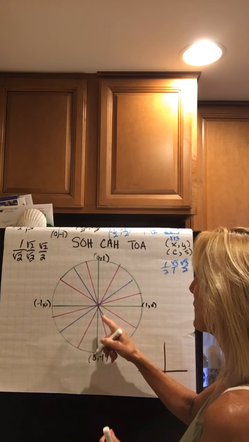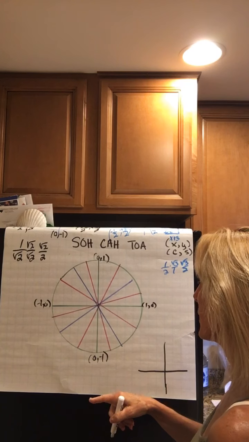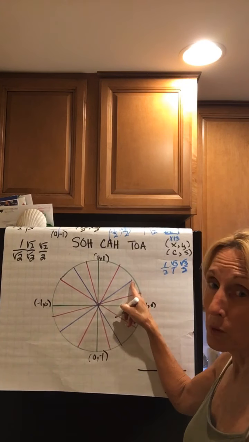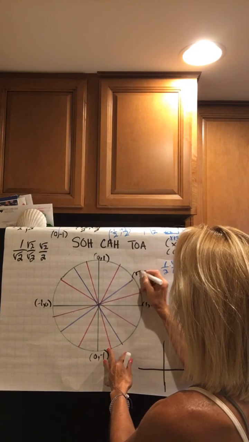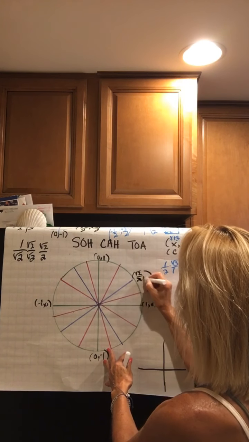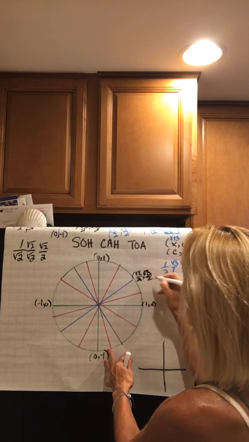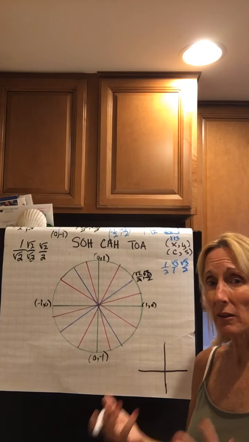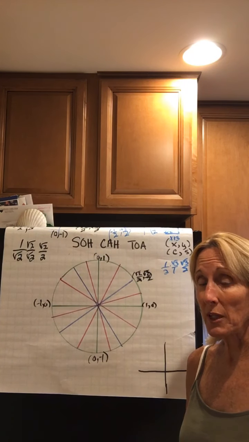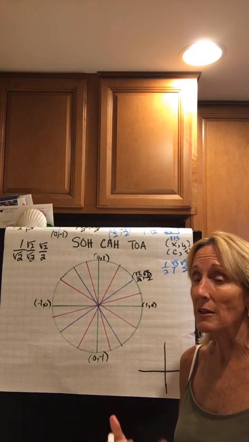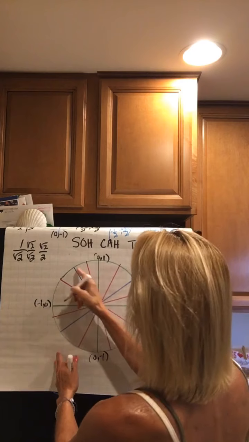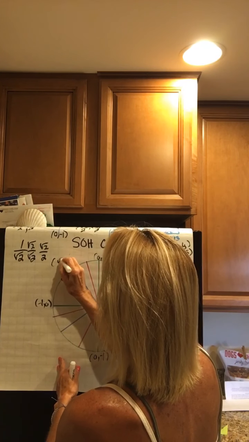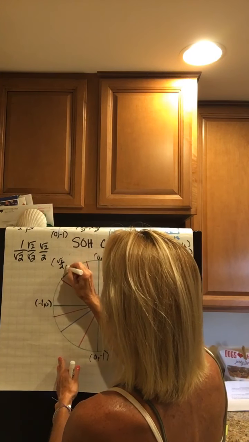So if I find my 45-degree angles, and I did those in blue, if you can see, both ordered pairs are radical 2 over 2, radical 2 over 2. That's why these are my favorite. They're exactly the same, except when we get into the different quadrants, and then the quadrants are going to be either positive or negative. So I'm going to write the ordered pairs first, and then I'm going to show you a trick.